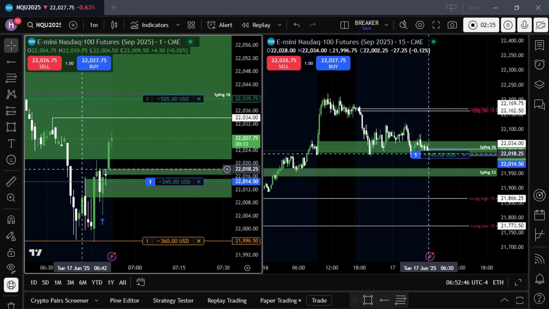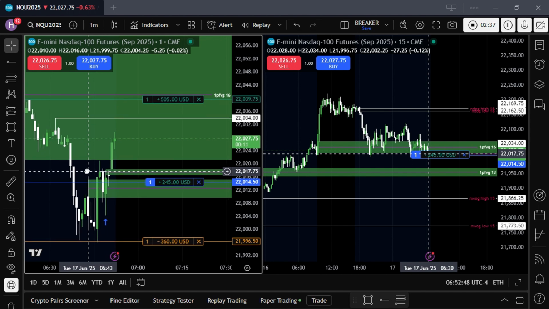And when imbalances are formed as price is moving towards your target, I always expect for them to get hit again, just for price to get a discount before it moves to a premium. Because right now that imbalance that I just highlighted is a discount array.